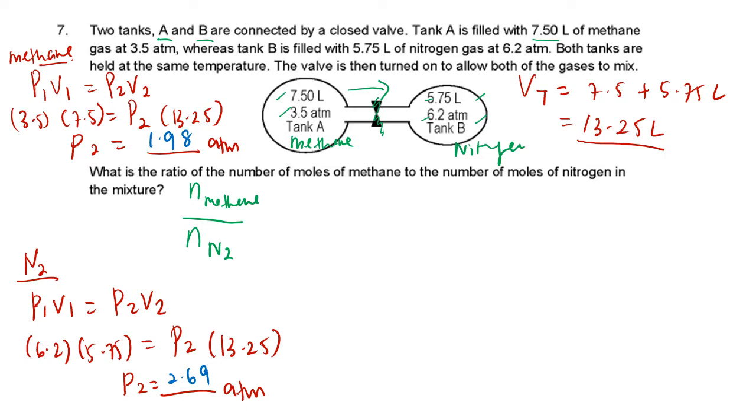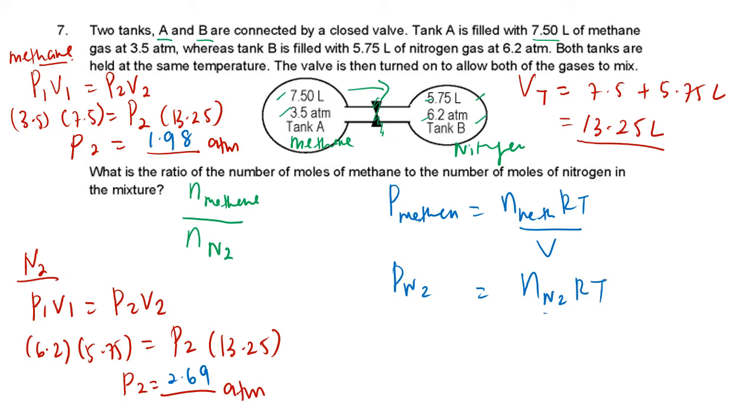In the previous slides, we know that the partial pressure of methane equals n methane RT over V, and for nitrogen, we can write moles of nitrogen RT over V.